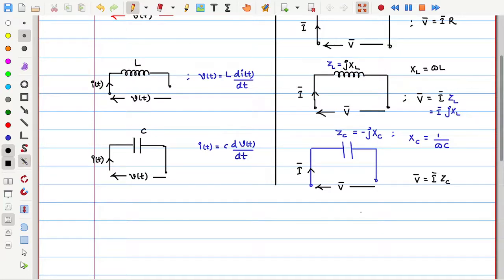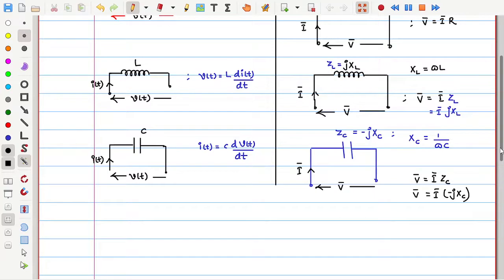So instead of resistance, we use impedance. If it is an inductor, we use the inductive impedance ZL. If it is a capacitor, we use the capacitive impedance ZC, which is equal to minus jXC. So this is the voltage-current relationship in the frequency domain.